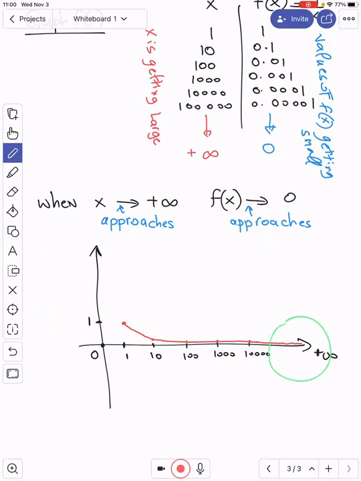The graph of f doesn't touch the x-axis, but it gets as close as we want to the x-axis.